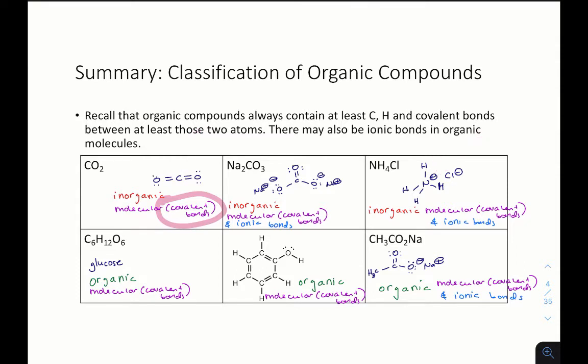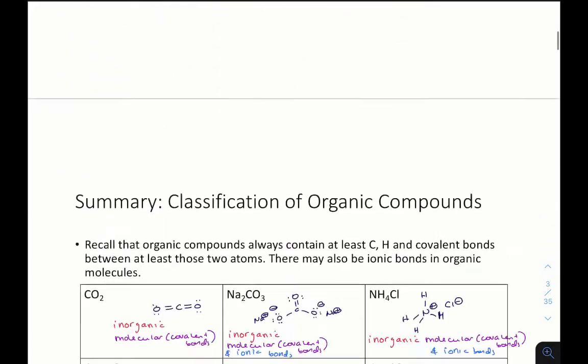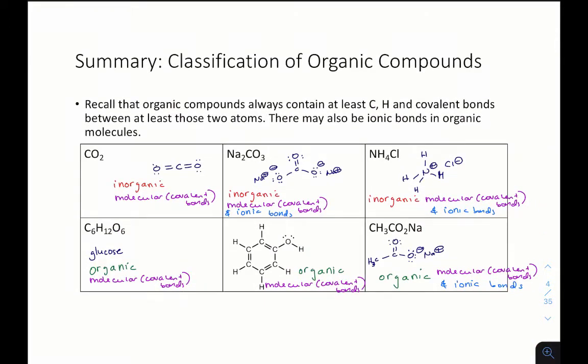And recall, inorganic compounds do not contain both carbon and hydrogen in significant amounts, while organic compounds do contain carbon and hydrogen in significant amounts. So inorganic compounds, again, can contain covalent or ionic bonds, and organic compounds always contain at least a couple covalent bonds, and they can also have ionic bonds as well, so they can be ionized.